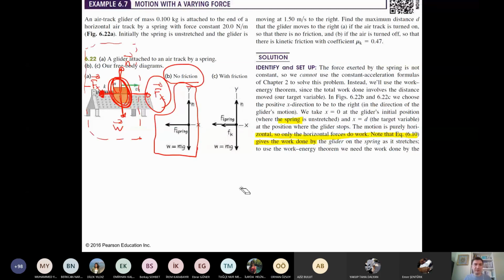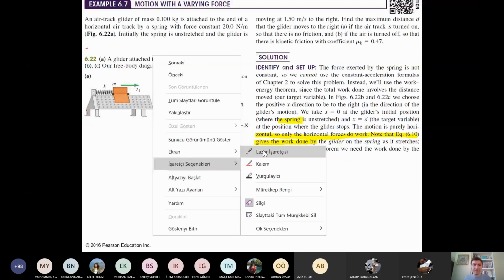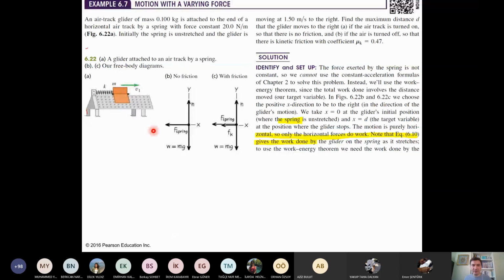Now let's discuss the second condition. If the air is turned off, and there is friction between the glider and the air track, what will happen? We have weight again in the downward direction. We have the normal force.